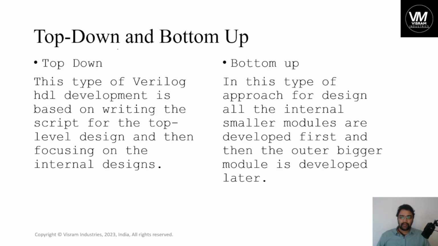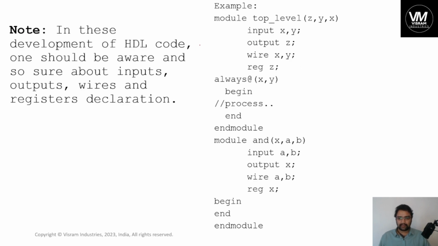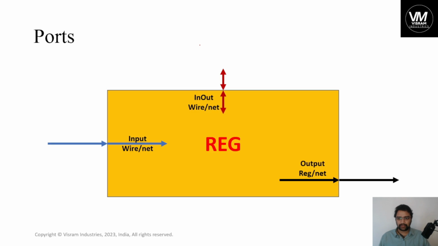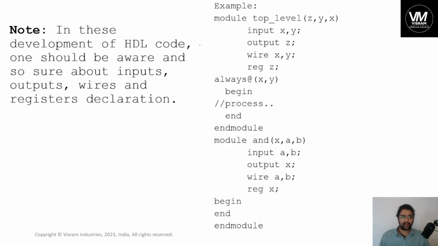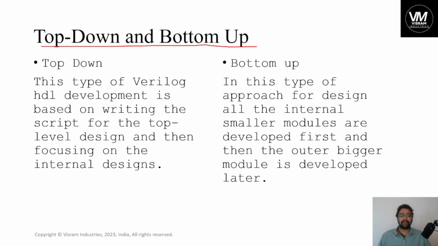So, top down and bottom up. What is top down and bottom up, guys? I can show you one example. I'll be stopping at this point because it will be overwhelming if I proceed further. Top down approach is nothing but, imagine you have a block of elements, one block.